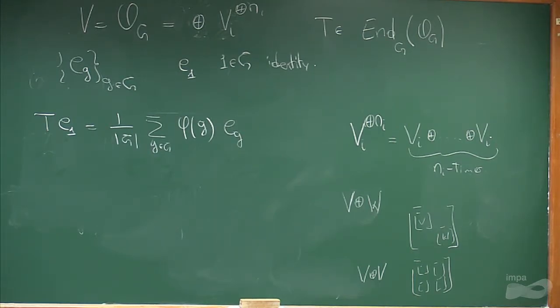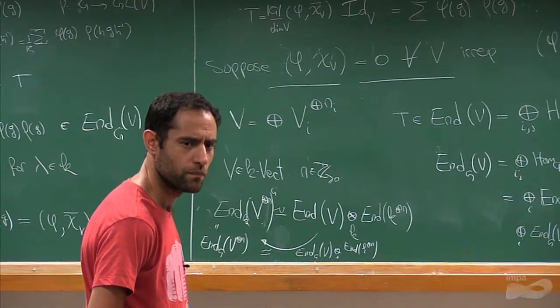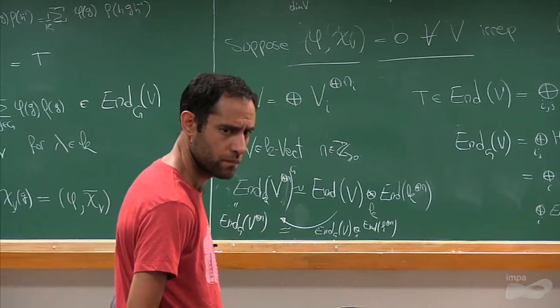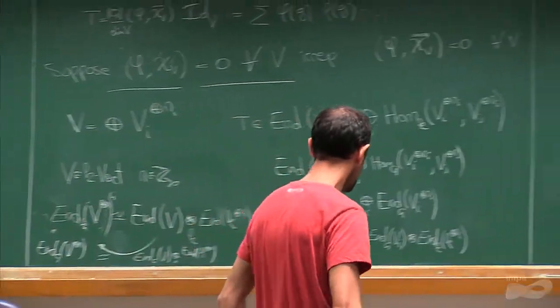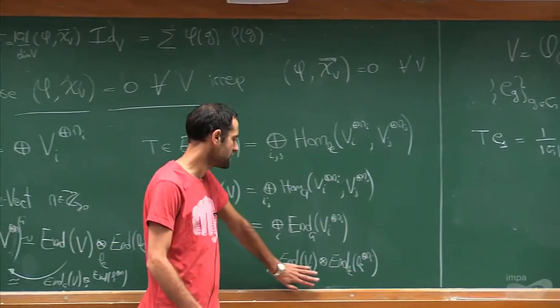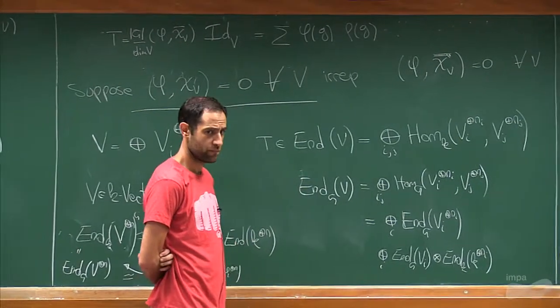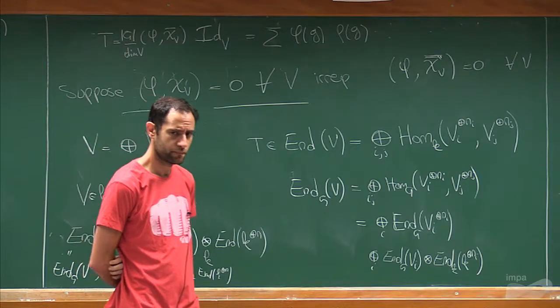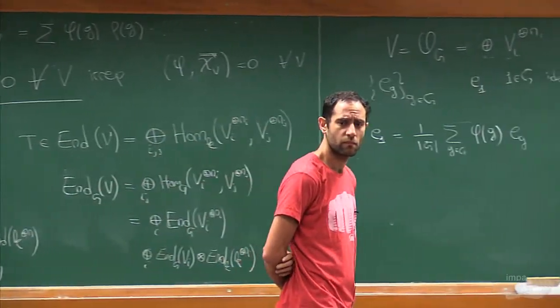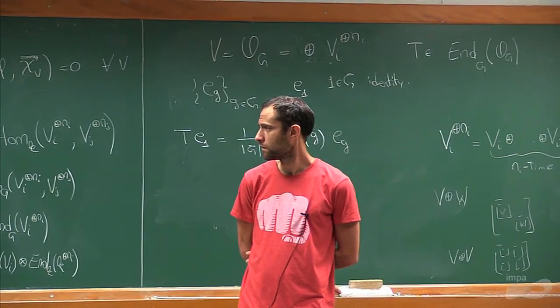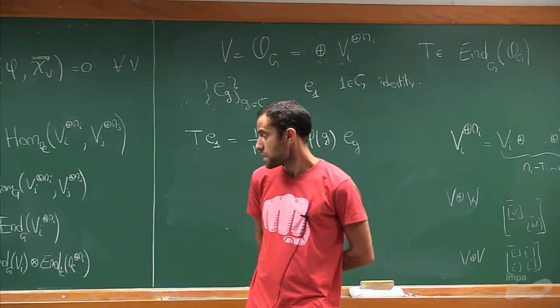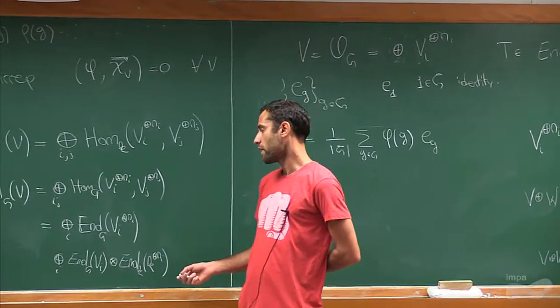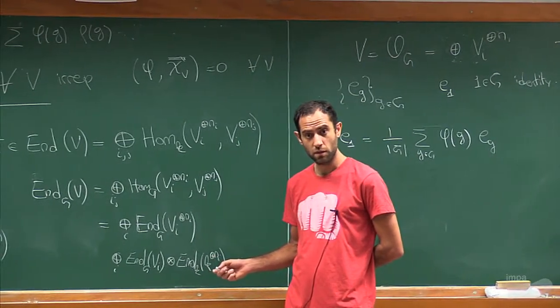Is the direct sum of that term, then we know that T commutes with each rho of G, right? Yeah, so T lives here. That's all we know, that T is an element here. If you have defined T as this, then T commutes with each element in the endomorphisms of the rho G. T commutes with the action of G. Okay?